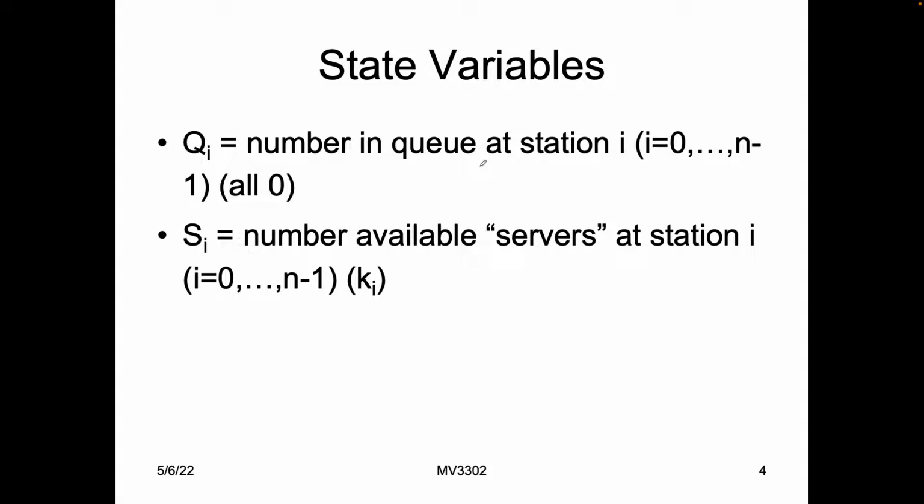So how do we fix that? Okay, and what does that mean? Now, in words, that means that an arrival at station I may schedule a start service at station I, and you need to tell it what station I is.